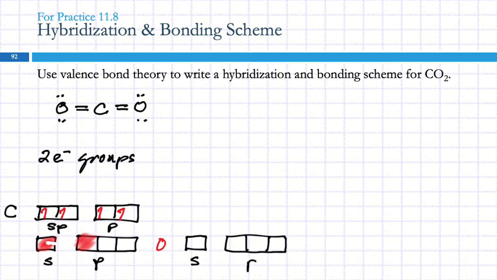It's got S and P. Oxygen has how many valence electrons? 6. 1, 2, 3, 4, 5, 6. Remember, valence electrons is the group number. 1A, 2A, 3A, 4A, 5A, 6A, 7A, 8A. Group 8, 8 valence electrons. That kind of stuff is on today's exam.